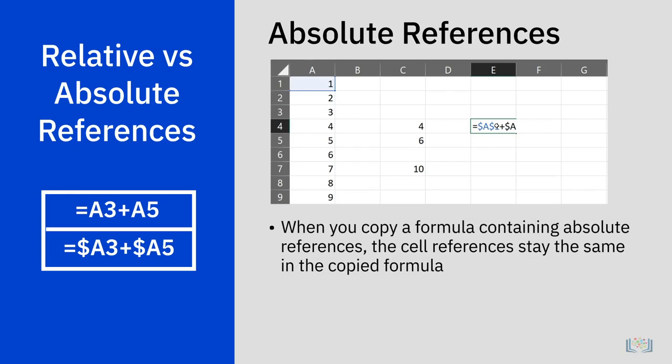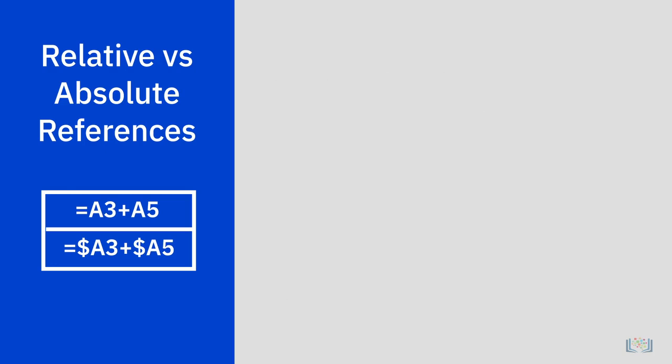Lastly, there may also be some instances where you only want one of the cell reference identifiers to be absolute and the other one to be relative. For example, you might want the row identifier to be absolute, but the column identifier to be relative, or vice versa.